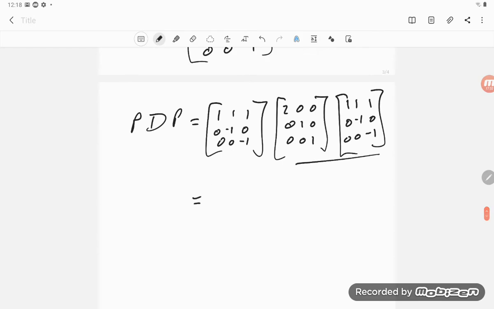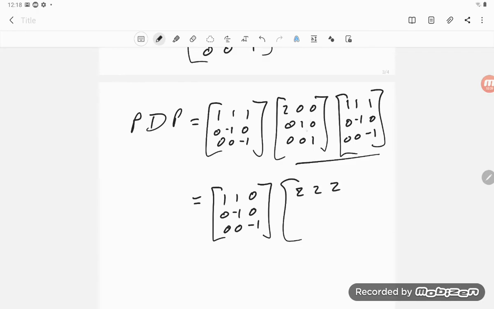If we do these two first, I'll have 1, 1, 0, 0, negative 1, 0, 0, 0, negative 1 times, okay, I get just 2, 2, 2 across the top. Then these are identity elements in the bottom, so I'll get 0, minus 1, 0, and 0, 0, minus 1.